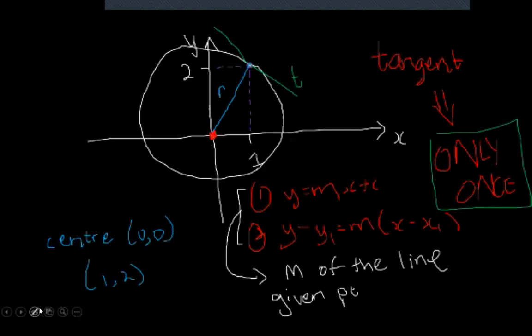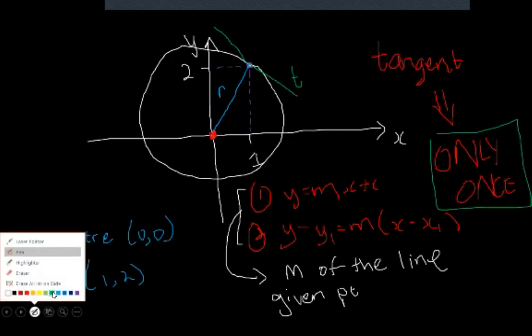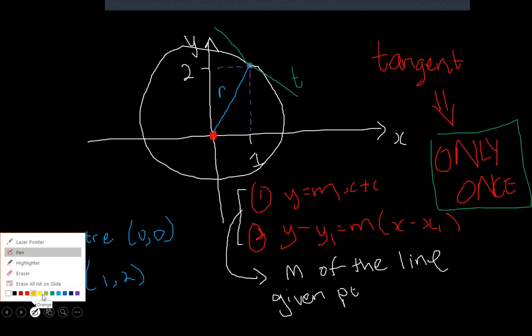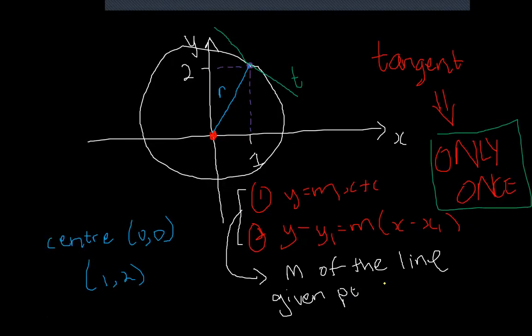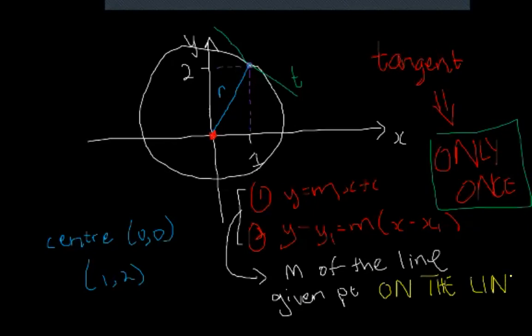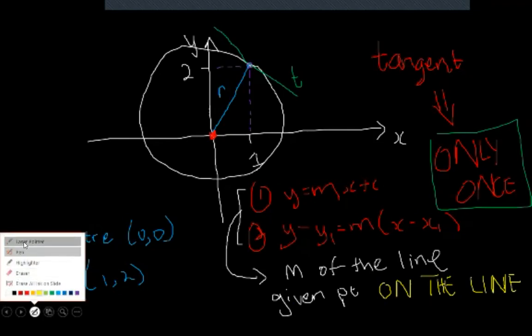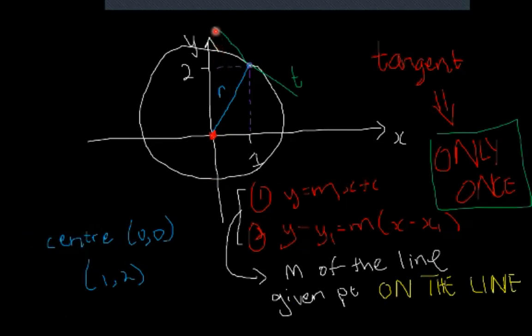I need to put this in a different color because it's very important. A lot of people might make mistakes with this, and I don't want you to. The given point must be on the line. So why can't we use the center? I want to find the equation of this green line here. But could anybody tell me, is the center, which is this red dot here, touching this green line? Is the center on this green line? Yes or no?